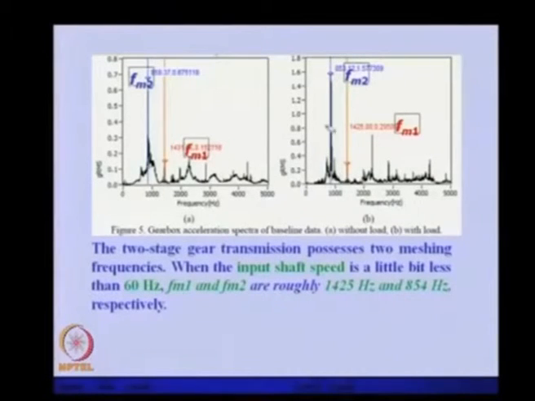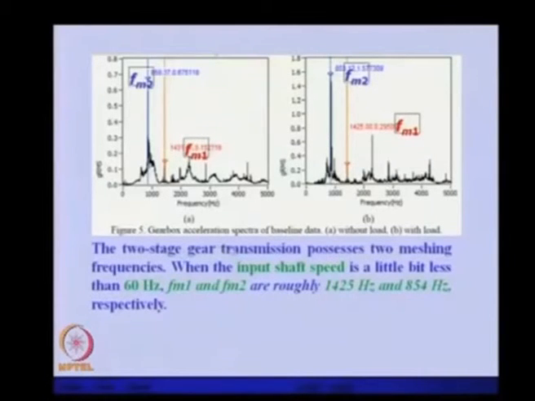So this is for FM2 and this is for FM1. Apart from that, there will be some other peaks corresponding to the structure of the gearbox and other things. The red line is a cursor, and the other peaks are small.